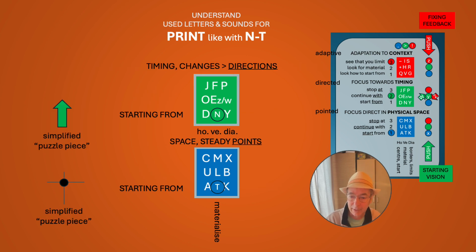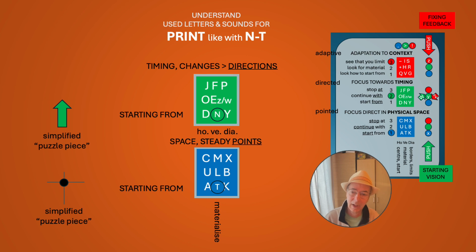So simplified, if you really want to use the T idea or the N idea, T is about points. All the orientations in space are about points, so that also A, T, and K are points. T is that point that you notice somewhere in the vertical sense, and that's the simplified puzzle piece, let's say, where you can recognize where a T is associated.